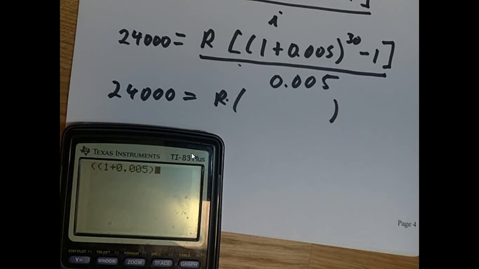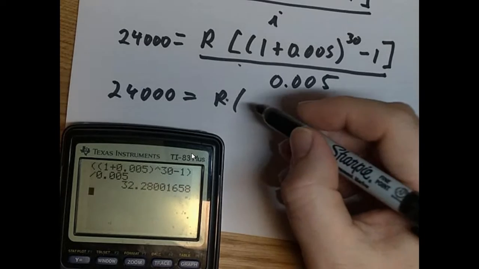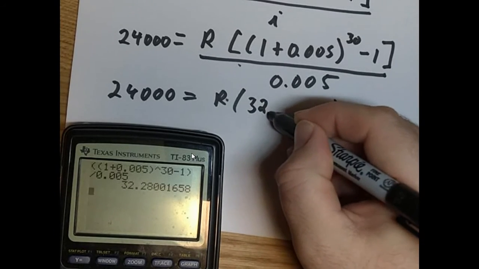Close the bracket to the exponent 30. And then we're going to subtract 1. Close the bracket. Divided by 0.005. We're going to go equals, and it gives us, you write as many as you can, 32.28.